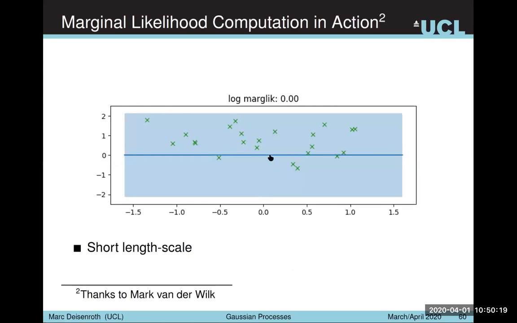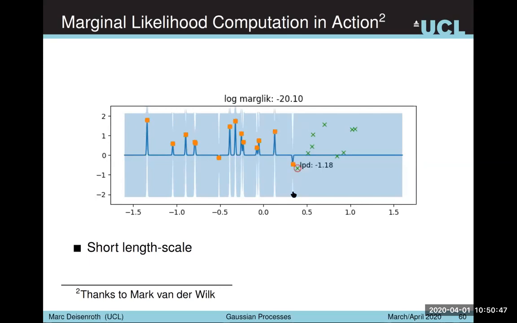And we can do the same thing again with shorter length scales and longer length scales. Now we can look at the marginal likelihood again, and we do exactly the same thing here. We go from the left to the right and do a predictive distribution of the next training data point conditioned on all previous training data points.